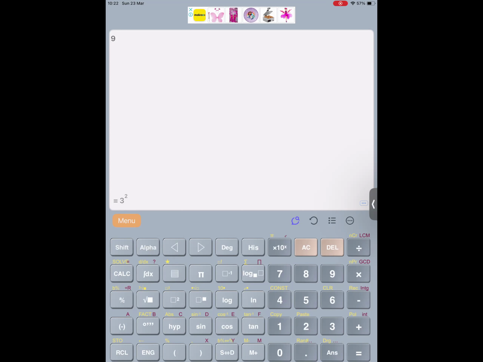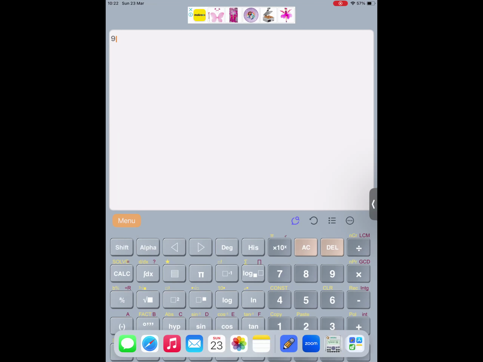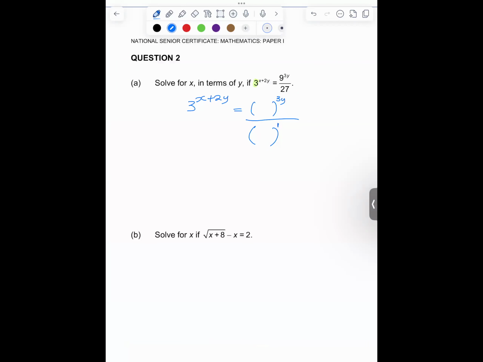So when I prime factorize 9 here, 9 will just be 3 squared.